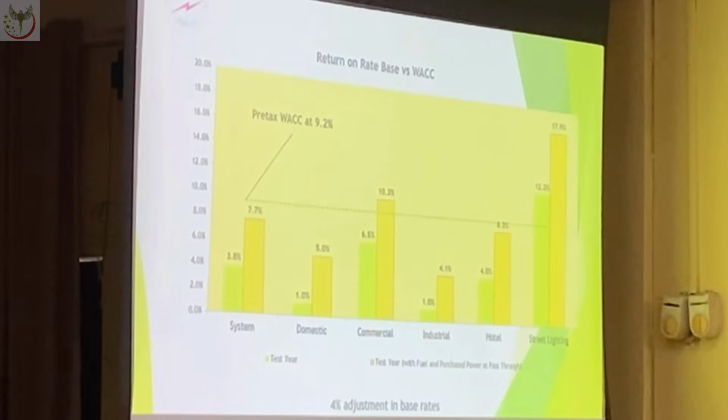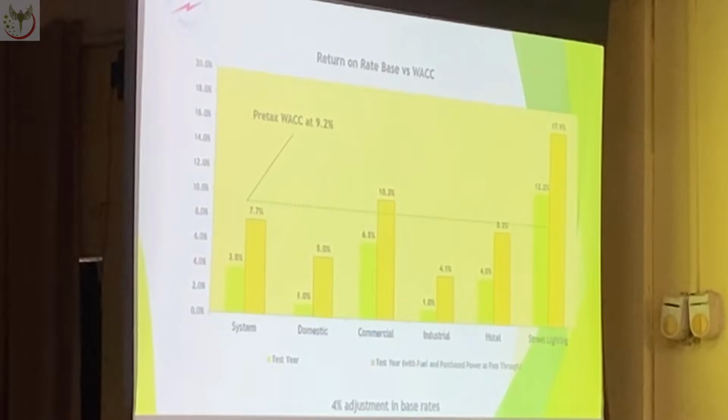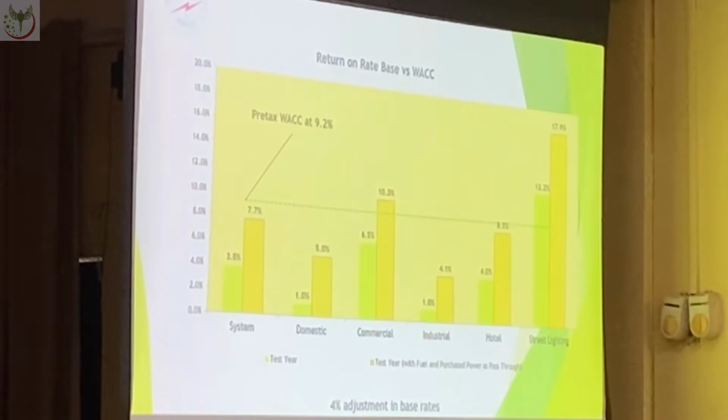Now, to achieve the 4% adjustment, some sectors can go above the line, some can go below, which means that an increase in certain rates has to be balanced by a decrease in certain rates. But overall, we would like to achieve a 4% adjustment.